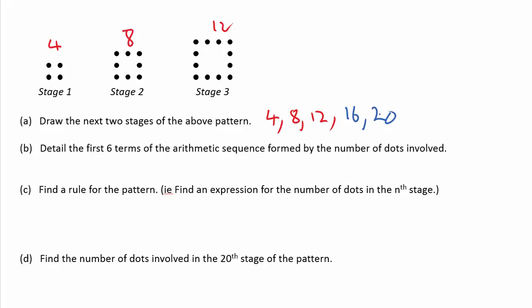So if I'm to detail the first 6 terms of the arithmetical sequence here, my first term is 4. My common difference is equal to 4 as well. If I'm to find the rule, Tn is a plus n minus 1 lots of d.